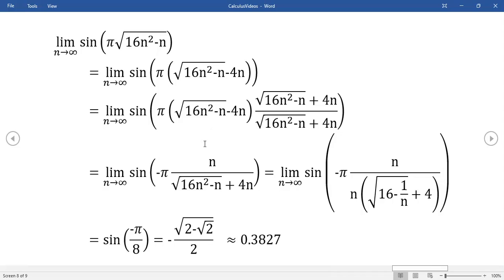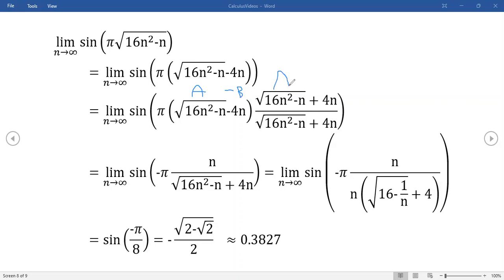All right, now the next idea here is to use this conjugate trick. And notice we could have used plus 4n right here, and this would have just been a minus right here. So that doesn't make any difference. Either way would have worked. Now, what makes this work out nicely is you can think of this part right here as being a minus b right here, and then this piece on the other side.